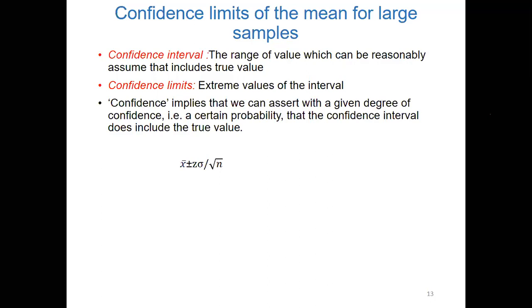You might already know that we call 95% confidence interval, 99% confidence interval, 90% confidence interval. That means the range of values within which the true value lies. Confidence implies that we can assert with a given degree of confidence, that is, with a certain probability, that the confidence interval does include the true value.